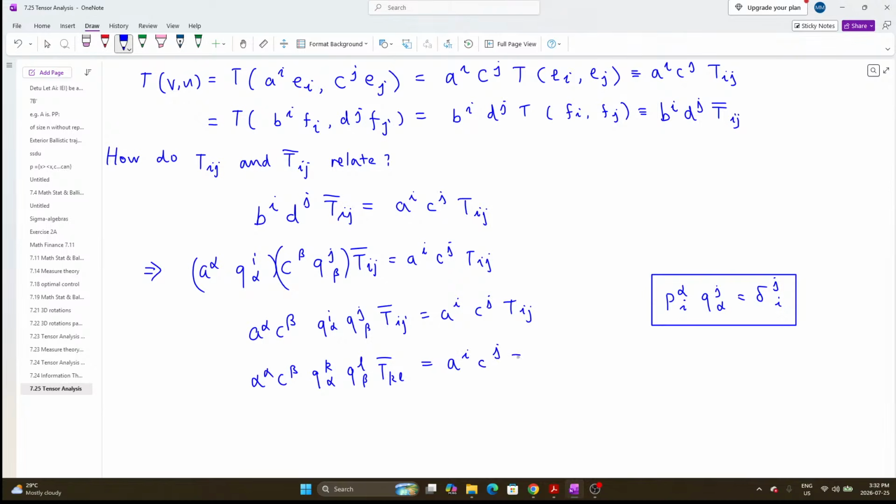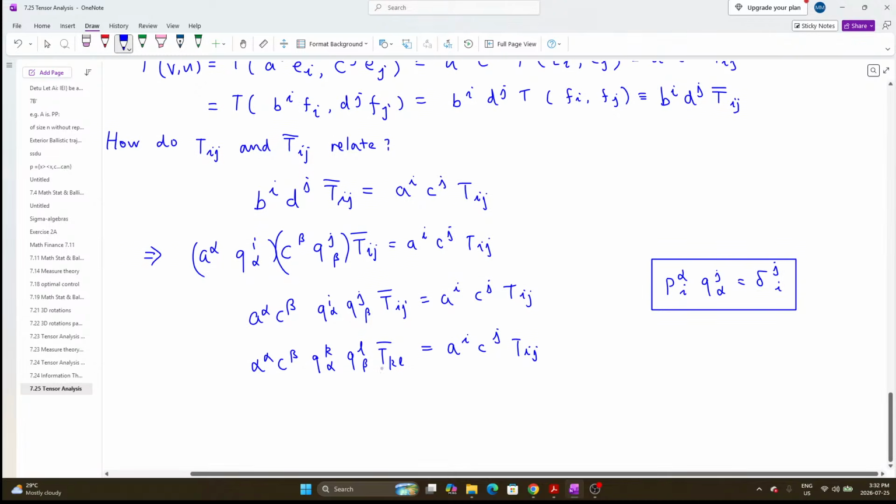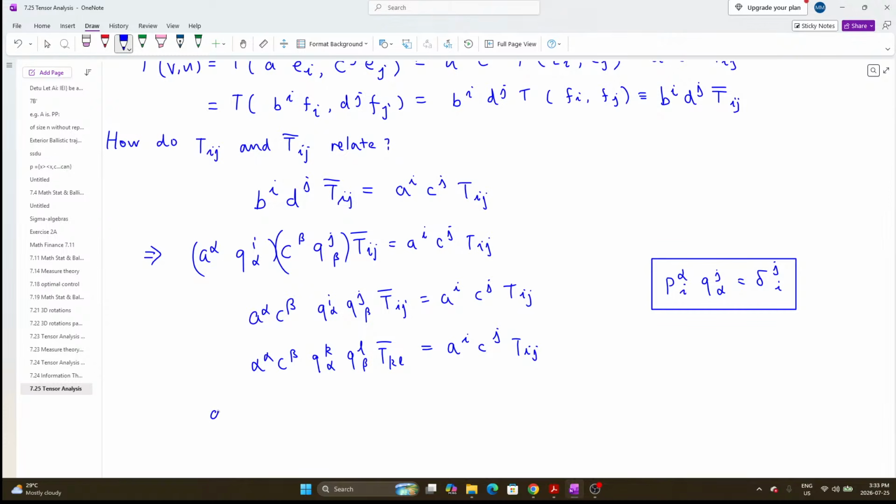AI CJ TIJ. All right, and then I'm going to pair the left-hand side, multiply both sides by P. So here A alpha C beta times P, which one needs to be summed over?